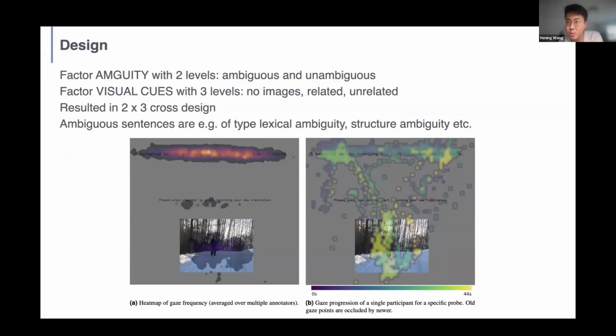This results in a 2 by 3 cross design. And below you will find a sample screen of the experiment. These dots are the eye gaze dots from the eye tracking. And while eye tracking, the participants are having an EEG.